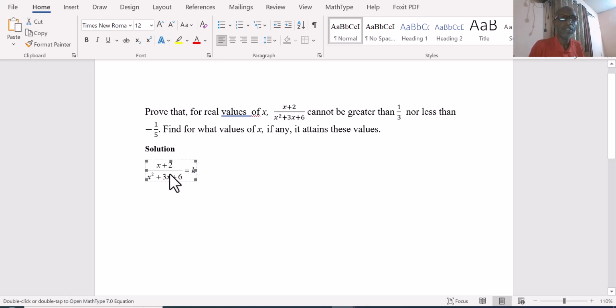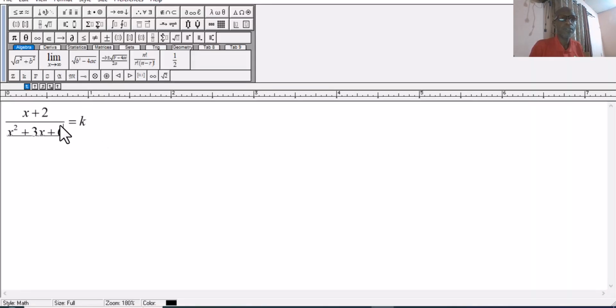Let's take this expression and set it equal to k. Then from there we can get started. So x + 2 = k(x² + 3x + 6). So we now have x + 2 = kx² + 3kx + 6k.